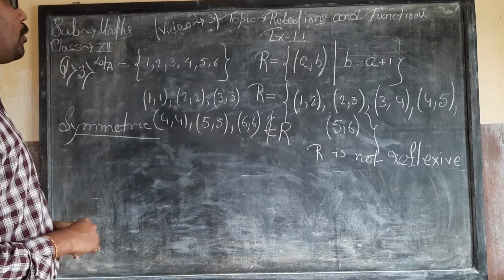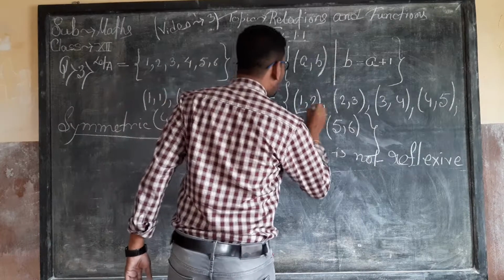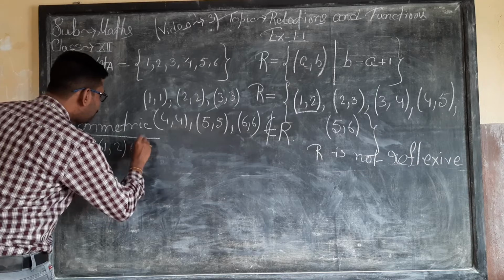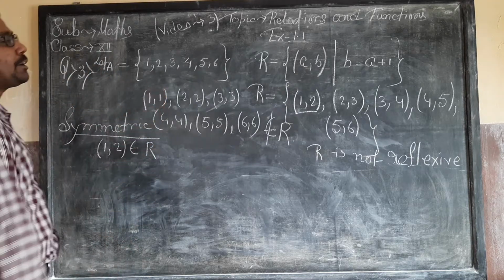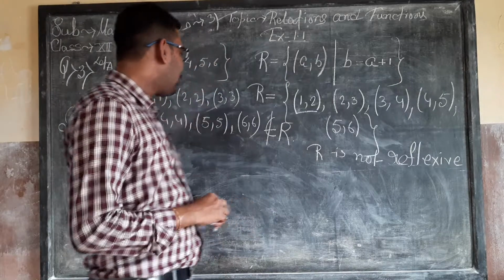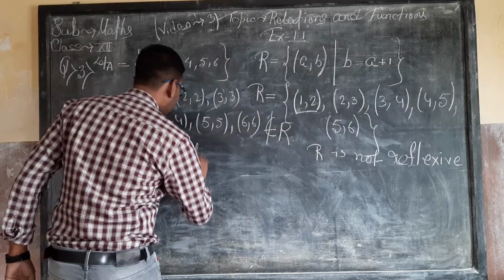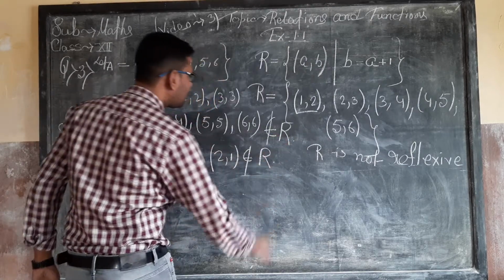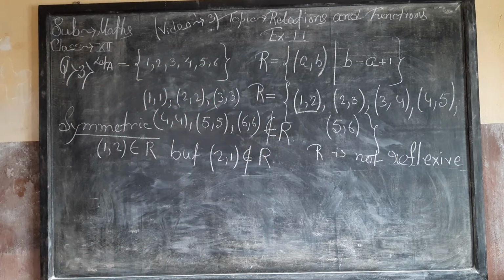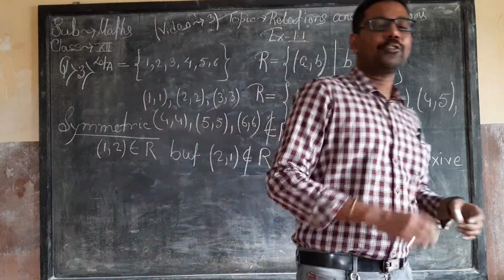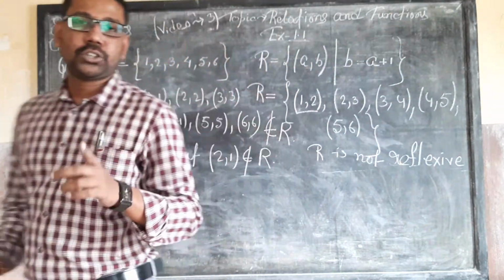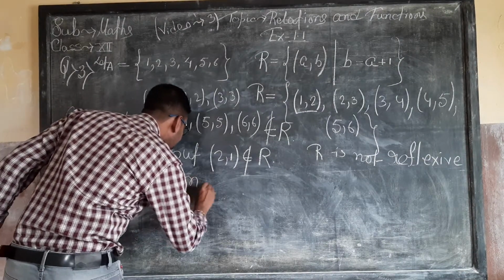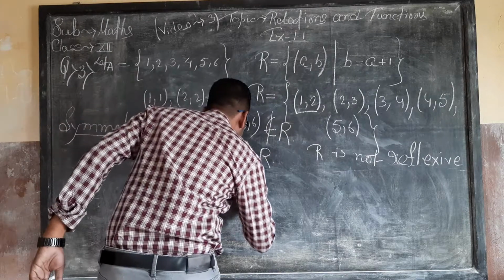Okay, so if you consider (1, 2), so (1, 2) belongs to R as per our given information, but (2, 1) does not belong to R. So this relation R also does not satisfy the symmetric relation. Okay, so the R is not symmetric.